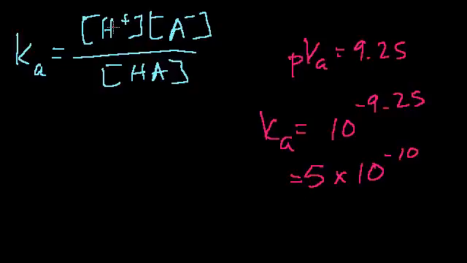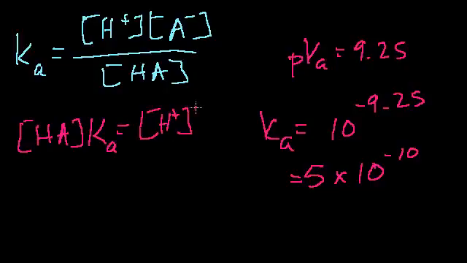So if you put some of your weak acid into a solution and you let it get to equilibrium, with a little algebra, your weak acid times your equilibrium constant is equal to your concentration of hydrogen times your conjugate base. Now, if you didn't have any hydrogen or conjugate base to begin with, every mole of this dissociates into 1 mole of that and 1 mole of this.